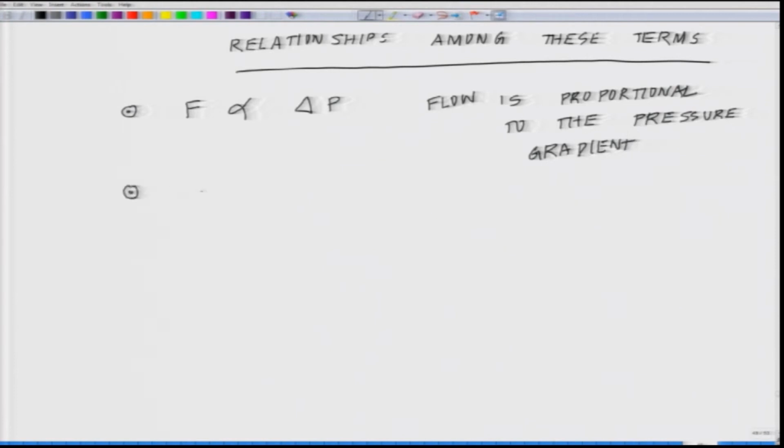Now, next relation, flow is proportional to 1 upon R, which means flow is inversely proportional to resistance.